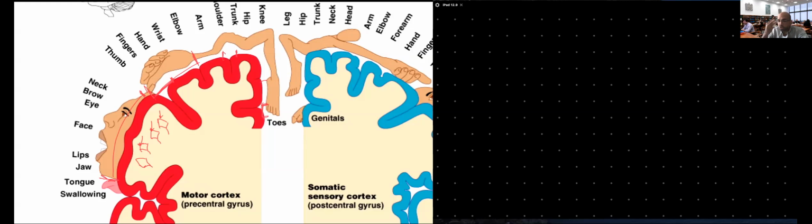So those muscles in your face, when they contract and relax, changing your facial expression, give you the ability to communicate with others. So you need a much larger area in your cerebral cortex to allow the movements of those facial muscles.